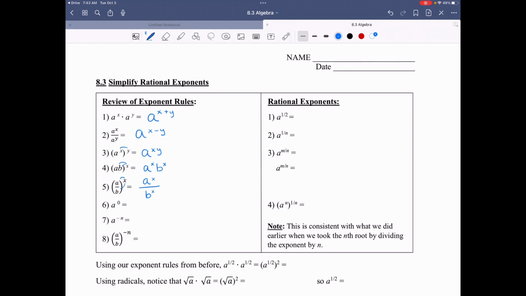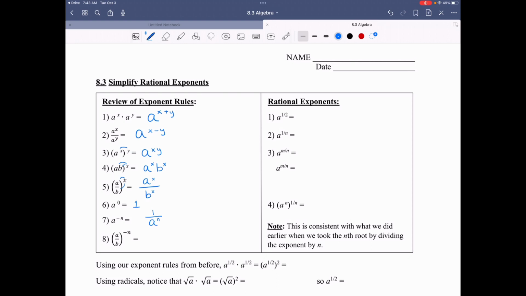Anything raised to the 0 power is equal to 1. When you raise to the power of a negative, we write that as 1 over the term raised to the positive. That's how you simplify negative exponents.